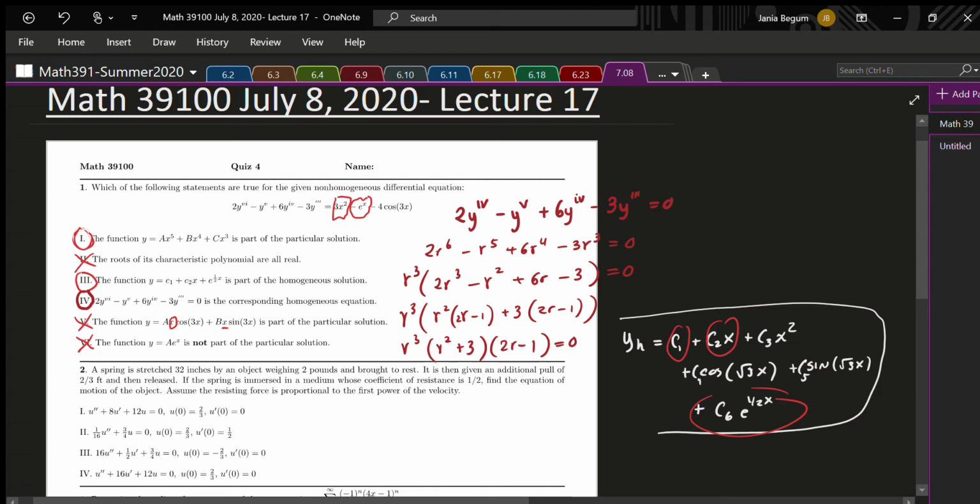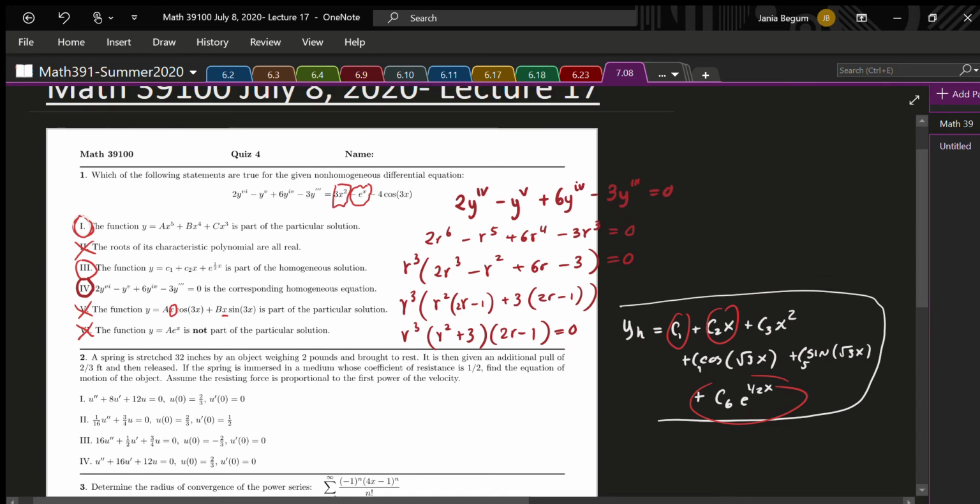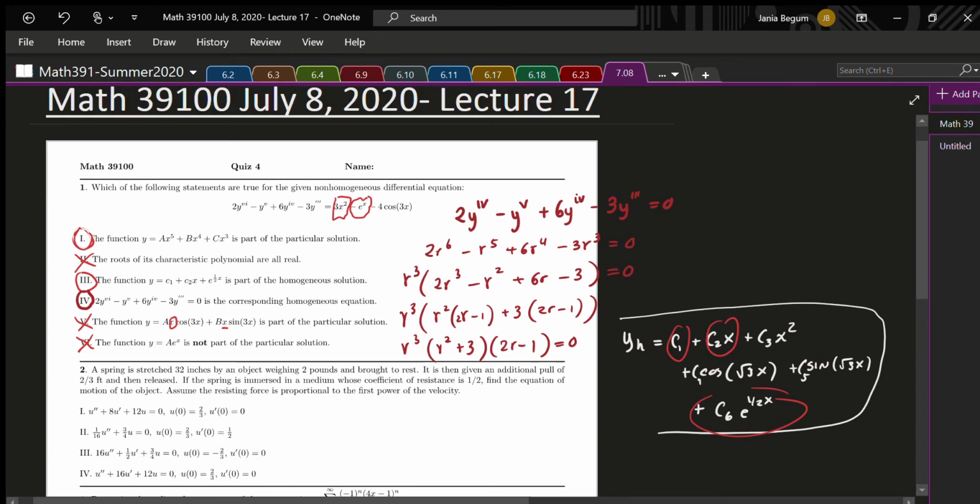So any questions on that? Can you explain again why 1 is true? So 1 is true because our YP1, which is for the 3x squared, that's a second degree polynomial. So you need ax squared plus bx plus c, one of the particular solution, right?